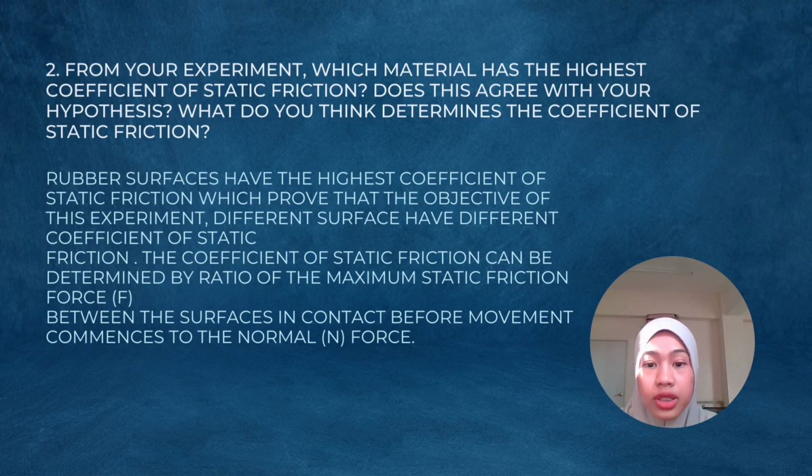Different surfaces have different coefficients of static friction. The coefficient of static friction can be determined by the ratio of the maximum static friction force between the surfaces in contact before movement to the normal force.